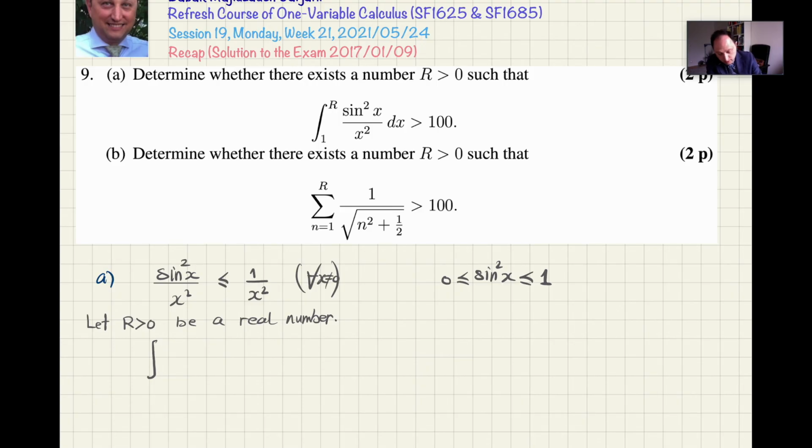And then I would say that the integral from 1 to r of sine squared x over x squared dx is definitely less than or equal to the integral from 1 to r of 1 over x squared dx.